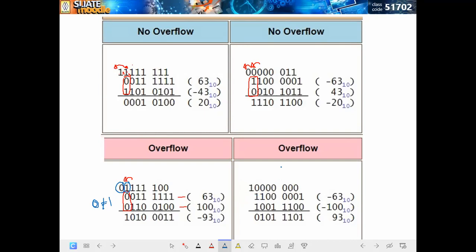Then here, if you think, the carried forward line is this one, right?